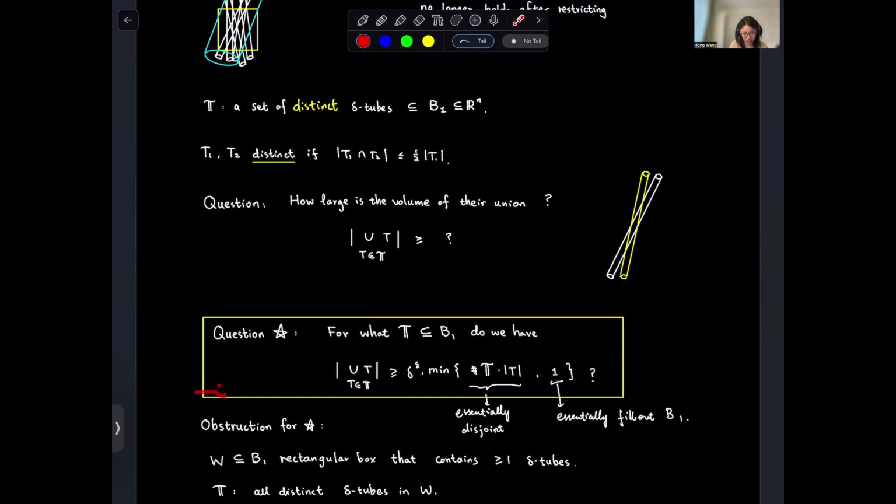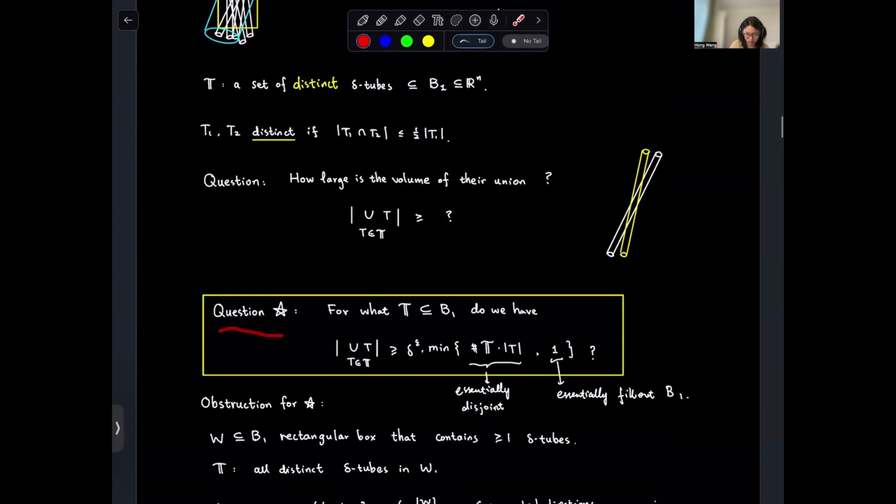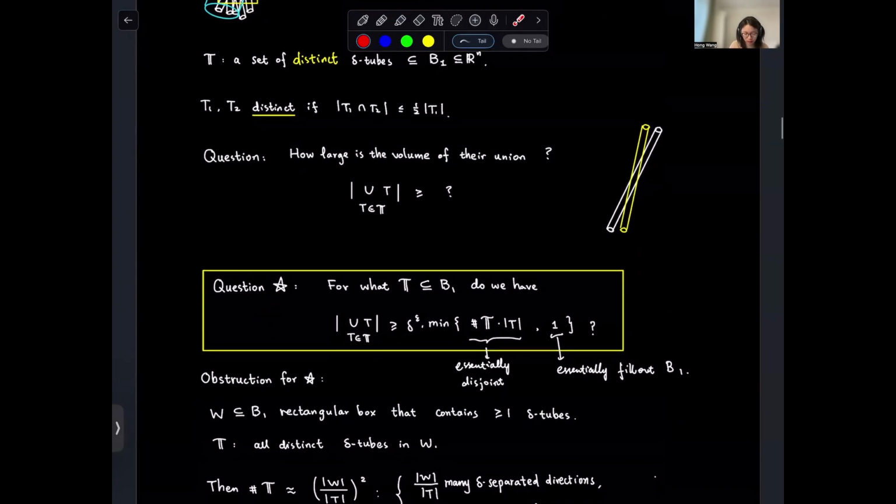So now let's look at this question, and we first want to come up with, let's say, some enemy of this question. So here is an abstraction. Let W be a rectangular box containing a unit ball that contains at least one delta tube.